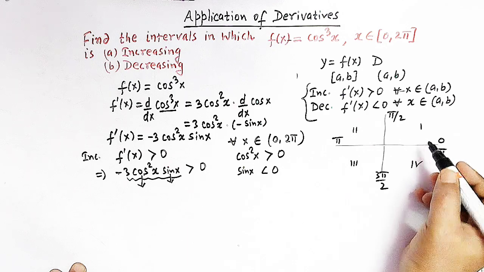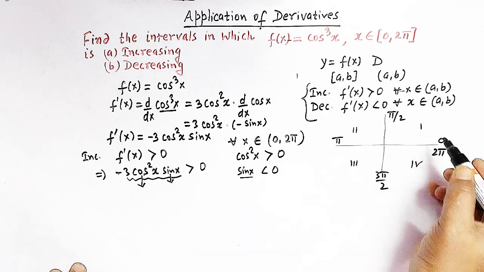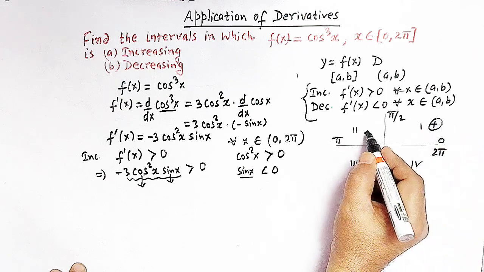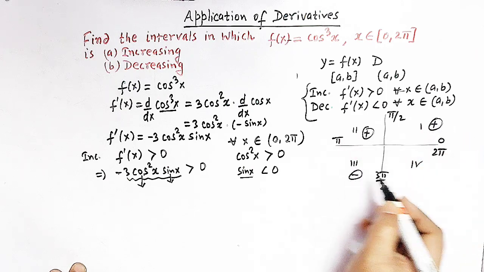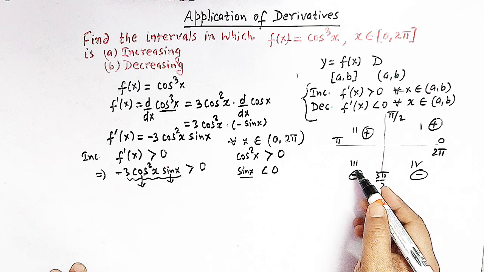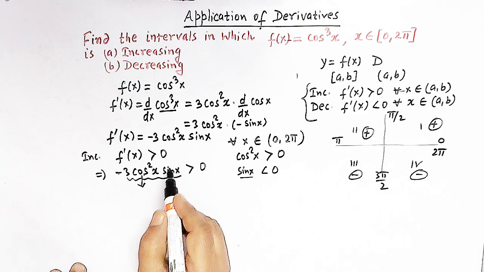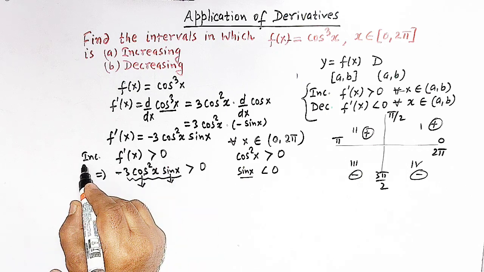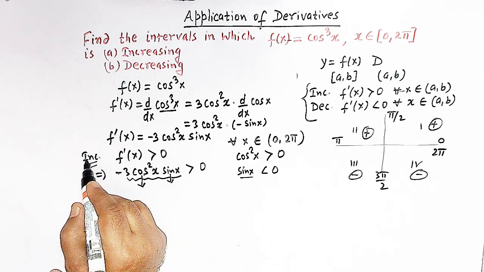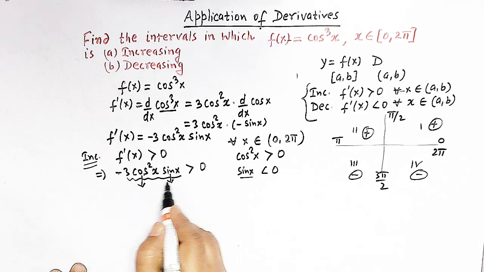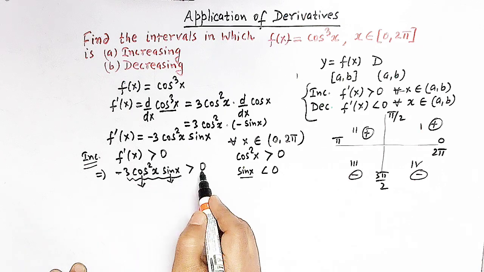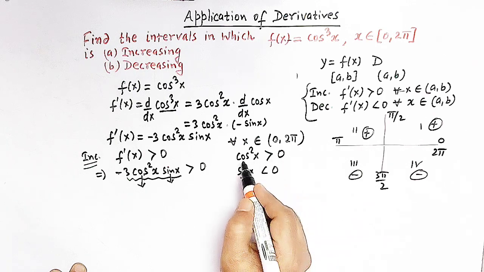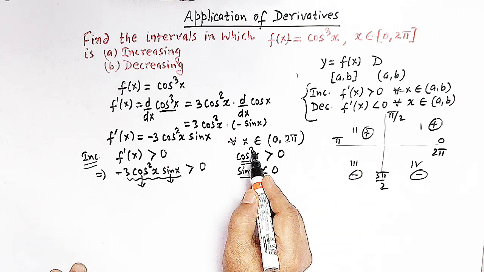Now from the sign convention of trigonometric functions, we know that the sine function is positive in the first two quadrants, and it is negative in the third and fourth quadrant, right? So now f prime of x should be greater than 0 for the function to be an increasing function. So it implies that this entire term has to be greater than 0, but cos square x is greater than 0 because this is a square term, right?